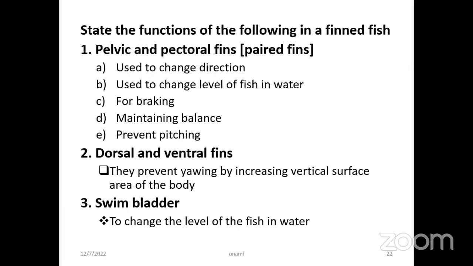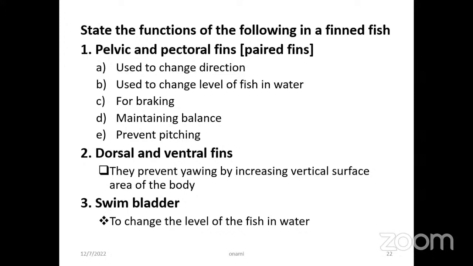We have the swim bladder, which we'll talk about later. The swim bladder is a structure the fish has that is like your bladder, and it is able to keep air. If the fish wants to rise to the upper parts of the water, it will take in a lot of air, and that increases buoyancy.